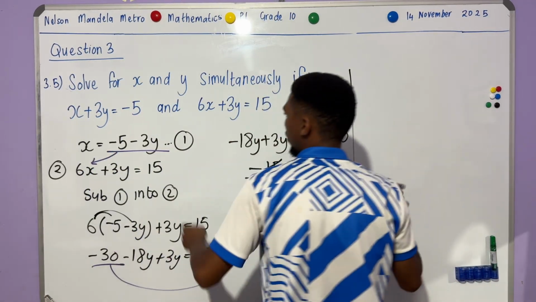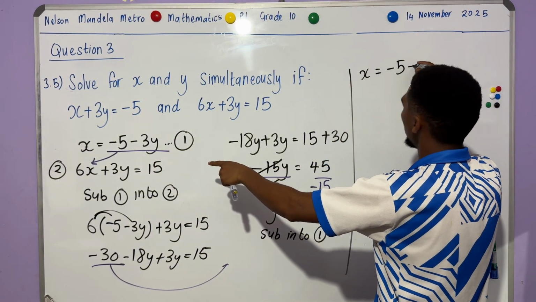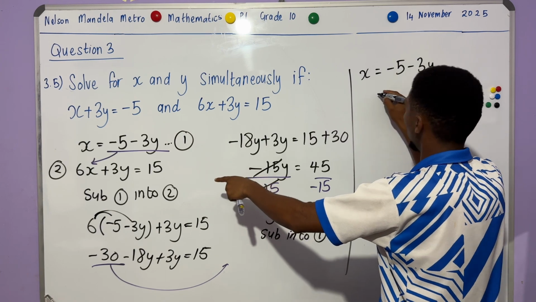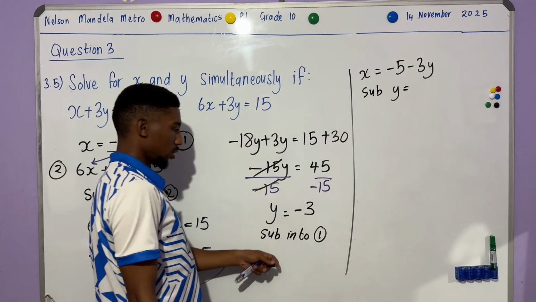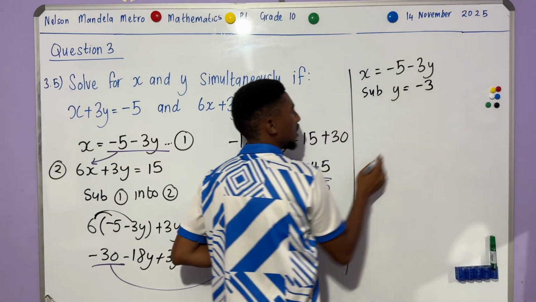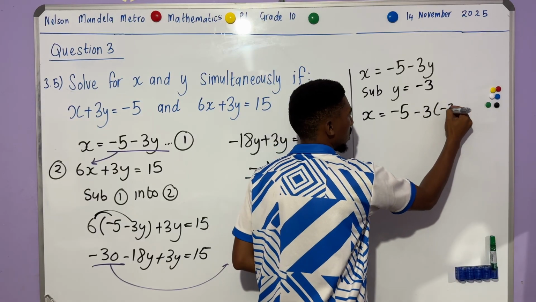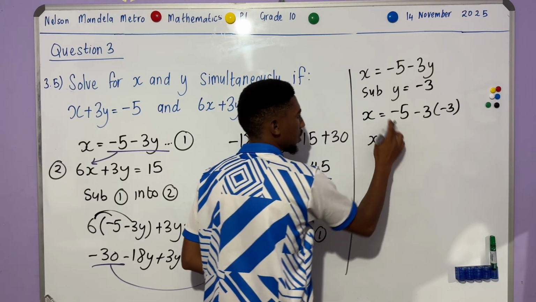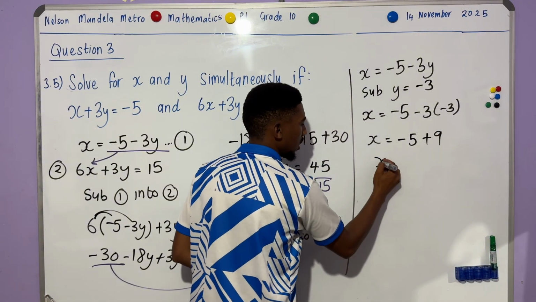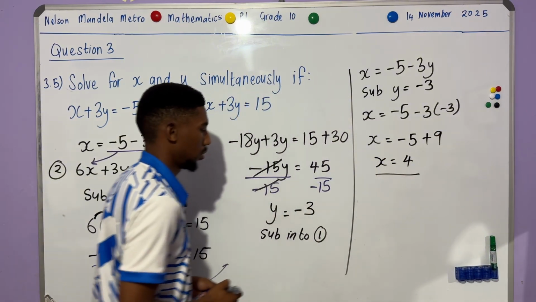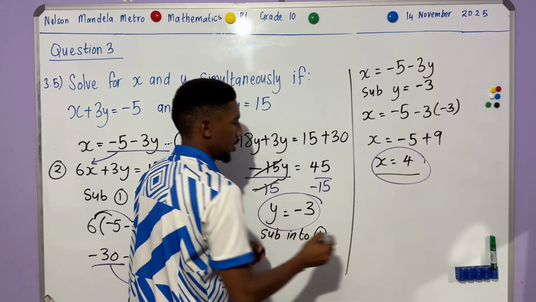So I have equation 1, which is x equals minus 5 minus 3y, and I'm going to substitute y equals minus 3 in there, using brackets. So minus 5 there, multiply, that becomes a positive 9, and x is equal to 4. So my two solutions are y equals minus 3 and x equals 4.